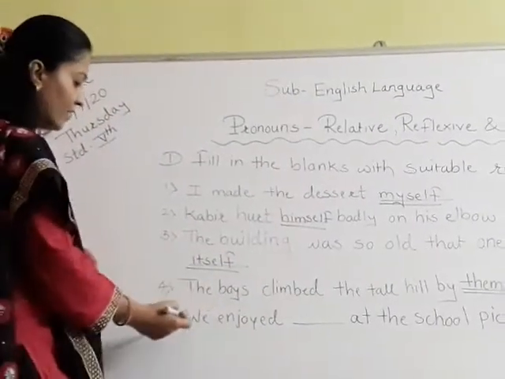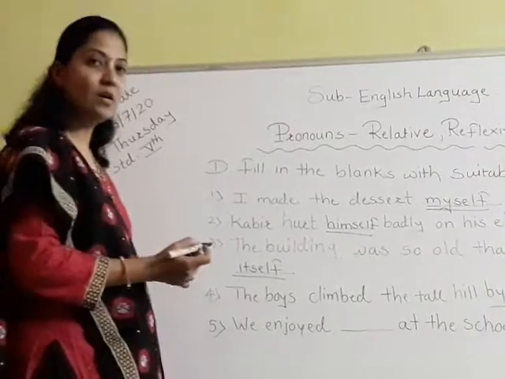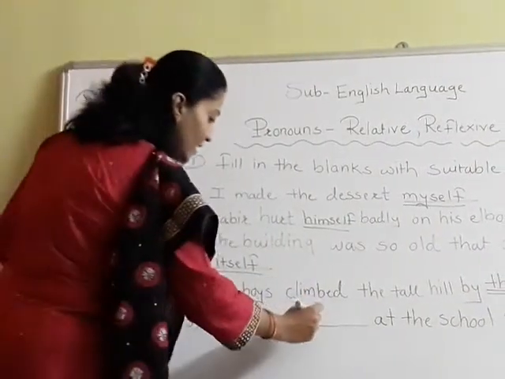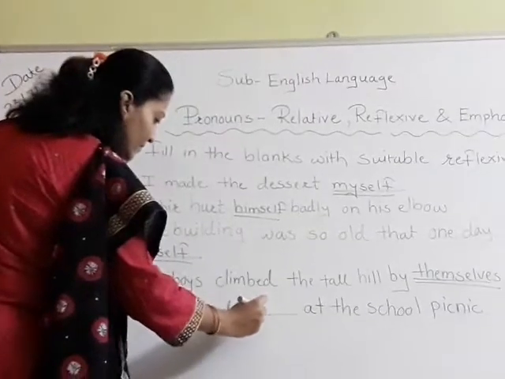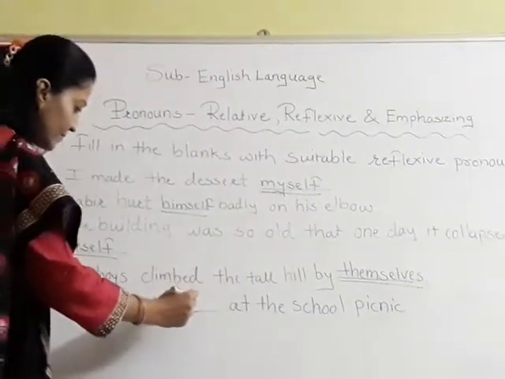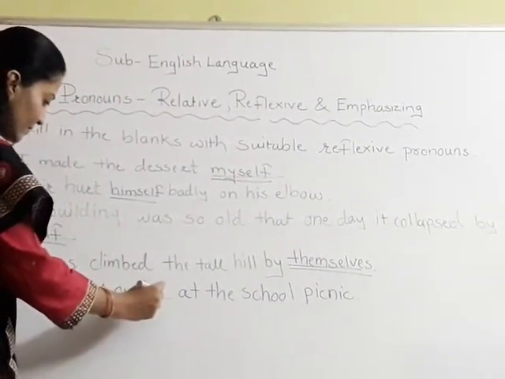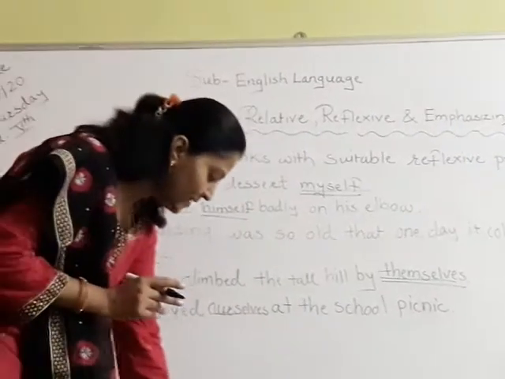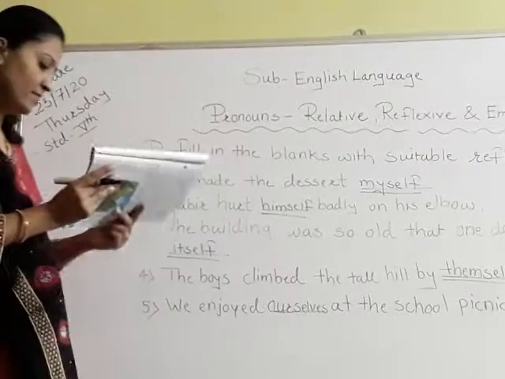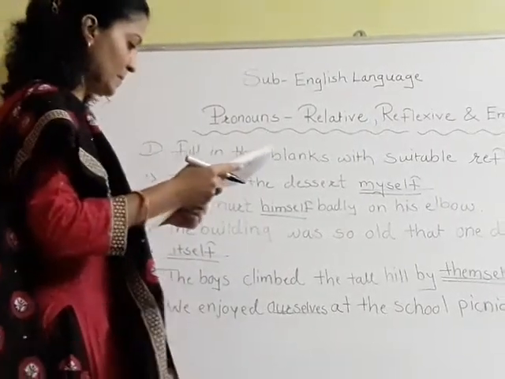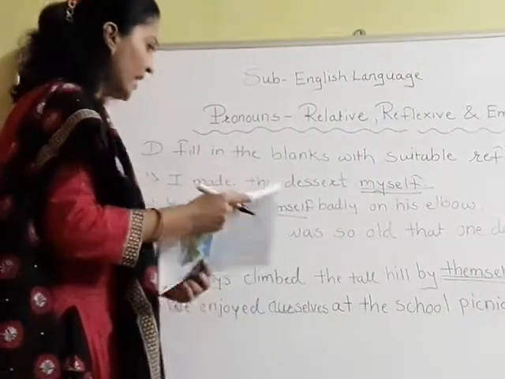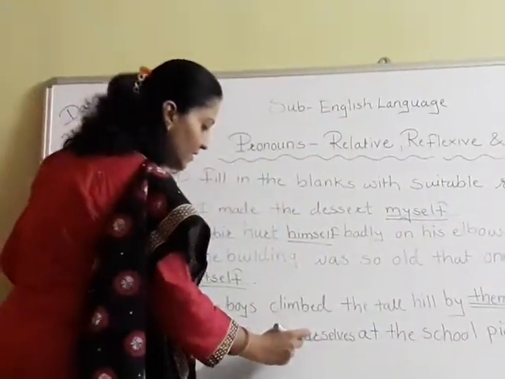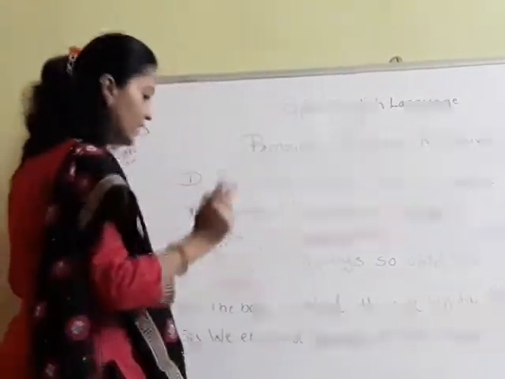We are talking about ourselves. So we will write here ourselves: we enjoyed ourselves at the school picnic. So ourselves is the answer.